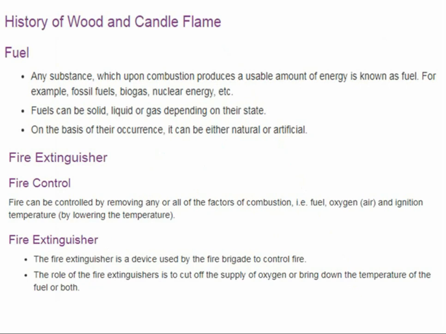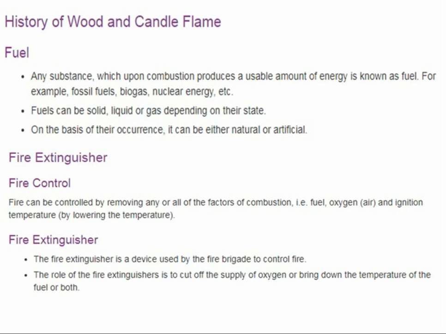Now, history of wood and candle flame. So first we are going to talk about what is fuel. Any substance which upon combustion produces a usable amount of energy is known as a fuel. For example, we have fossil fuels, biogas, nuclear energy, and many more. As you have learned in the previous chapter of class 8 science, chapter number 5, which is coal and petroleum, we have learned about what are fossil fuels, what is biogas, and many others.